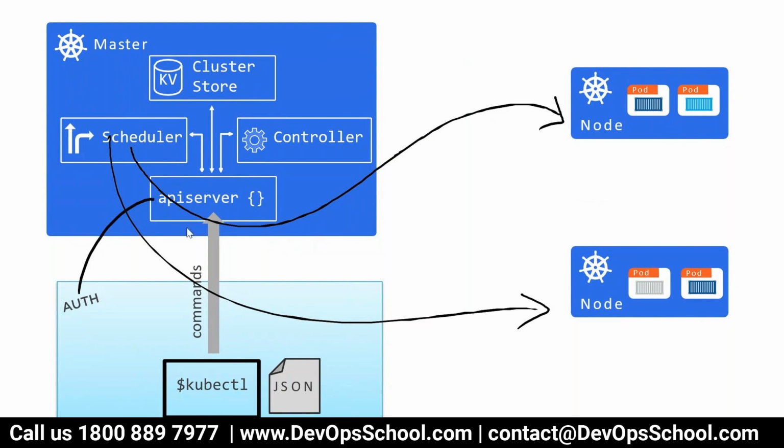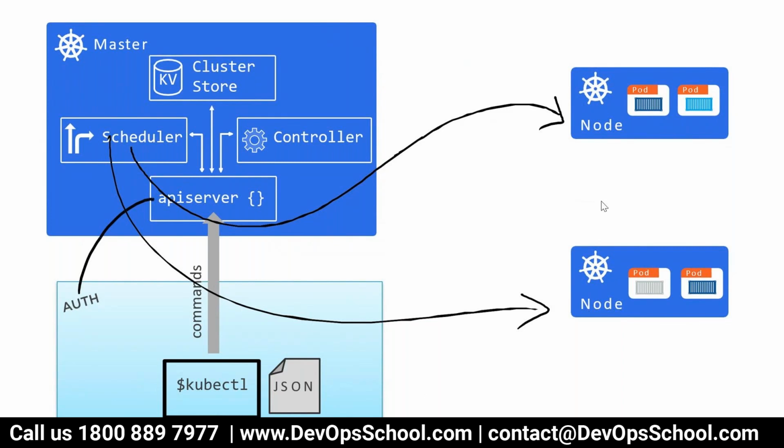So what we discussed is that in the master server, we have the cluster store, API server, controller manager, and scheduler. Cluster store means it is powered by etcd. That is what makes up the master. In the worker server, we have kubelet, kubeproxy, and Docker.